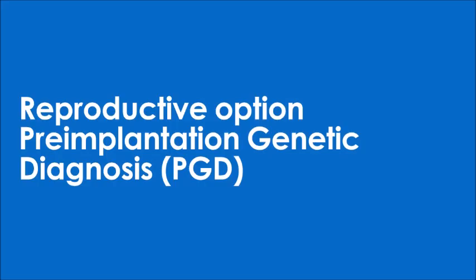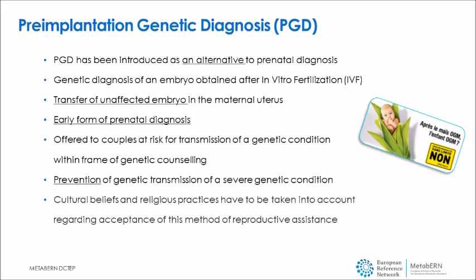For couples with a history of genetic condition, pre-implantation genetic diagnosis is a reproductive option. Pre-implantation genetic diagnosis has been introduced as an alternative to prenatal diagnosis. With this technique, the genetic diagnosis is made on an embryo obtained after in vitro fertilization. The aim is to transfer an unaffected embryo into the maternal uterus.